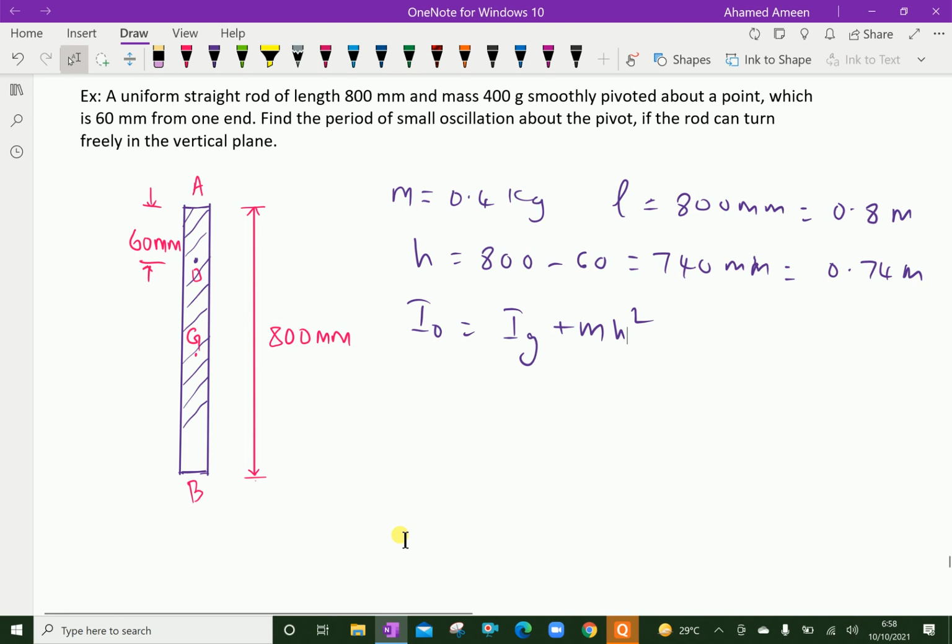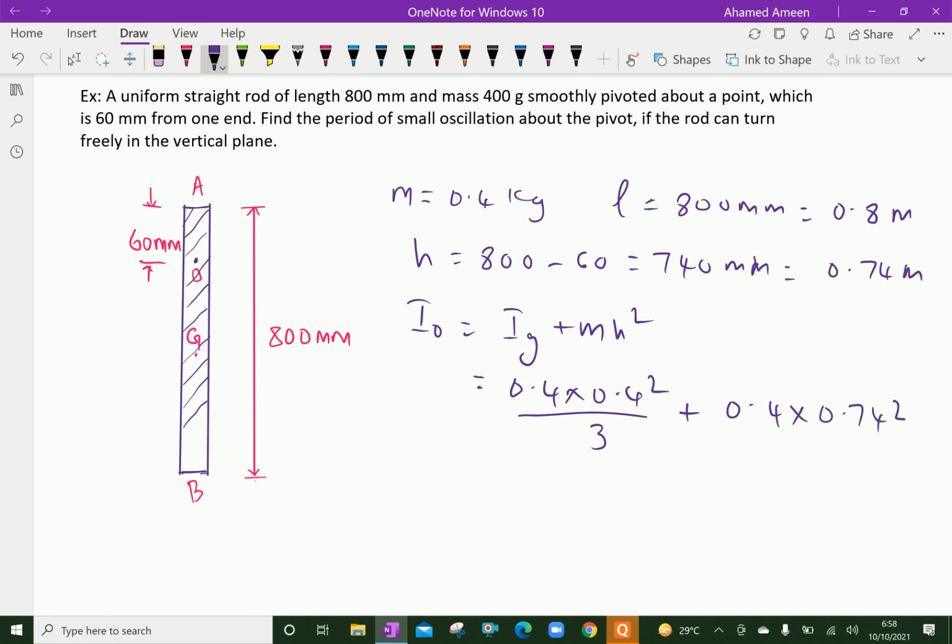Now Ig is equal to mass 0.4 into the length, half of the length is 400, that is 0.4 square over 3, plus mass 0.4 into h, 0.74 square.